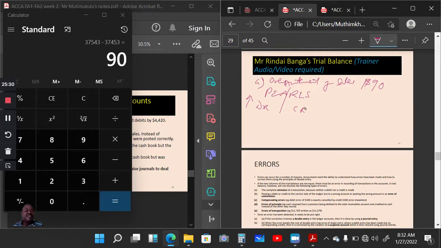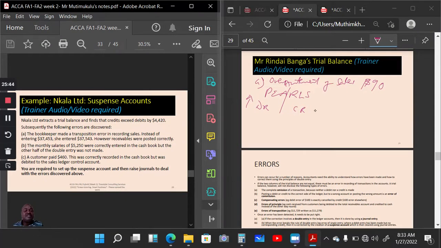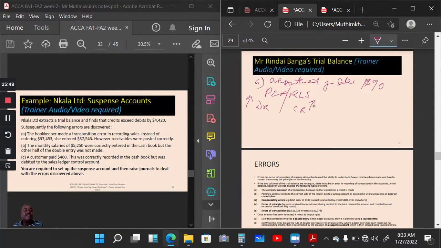If we want to increase the revenue, that is the sales, liabilities, share capital, we credit. In this case, the sales are already overstated, so we have to reduce the sales. How do we reduce? Because by crediting we are increasing, to reduce them, we have to debit the sales.